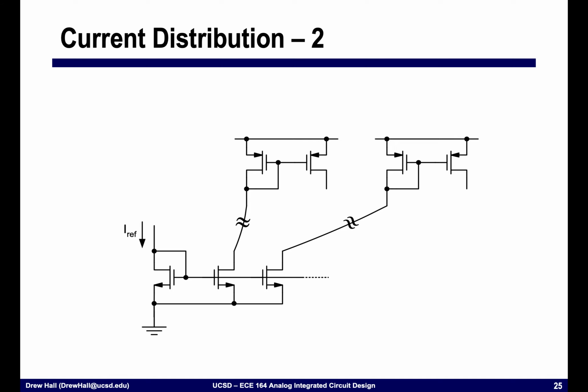And so what does this look like? It looks something like this, where we'll have a circuit that's generating IREF. We will then mirror this current around to generate P-type currents and N-type currents and shuttle them across the chip as appropriate.